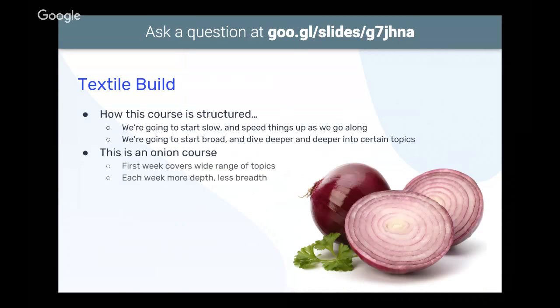All right. So the Textile Build series that we're working on today is really a bit of an onion course. It's an initiative that spun out of some of the tutorials and community engagement materials that we've been developing over the last few months. One thing we noticed is the decentralized web community is super excited and is moving really fast, but you end up doing a lot of building and learning on the fly, and this makes it really hard to stay on top of the latest and greatest developments.